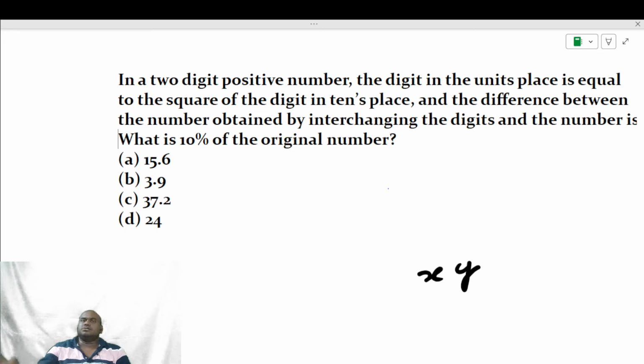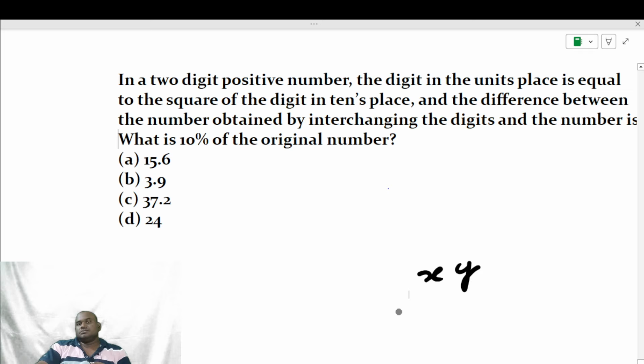So the digit in the units place y is square of the digit in the tens place. It is nothing but x square is equal to y.